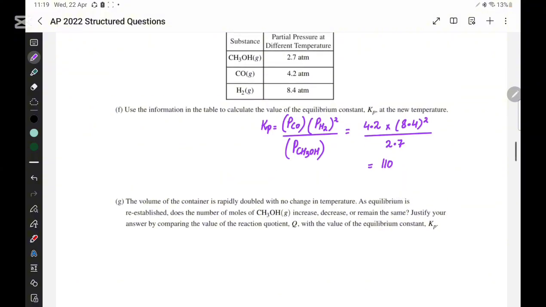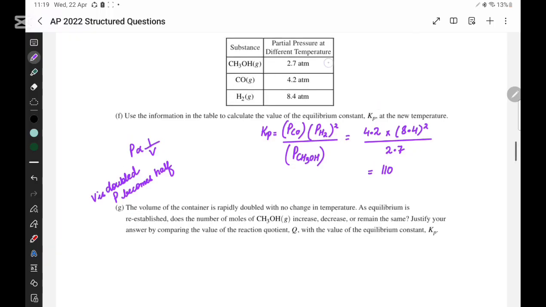First of all, when volume is doubled, you have to recognize that pressure becomes half. Why? Because pressure and volume are inversely proportional. So when pressure becomes half, this would become around 1.35, this would become 2.1, this would become 4.2.